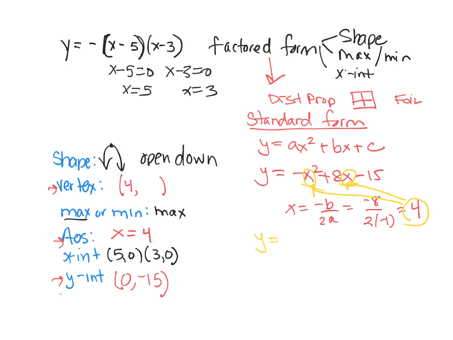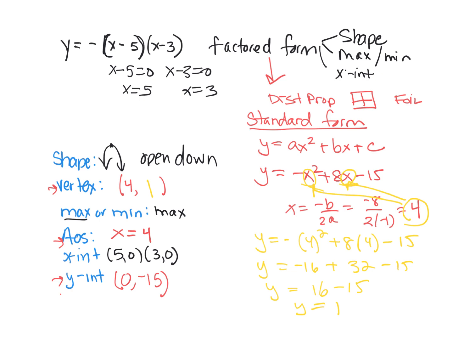So we're going to have y equals the opposite of 4 squared plus 8 times 4 minus 15. And so we're going to get that y then is equal to 1.